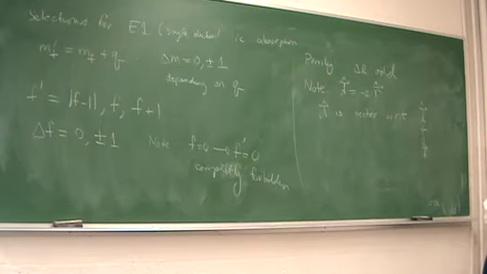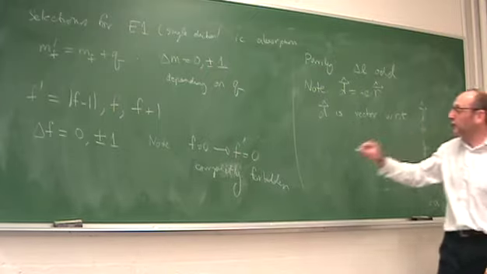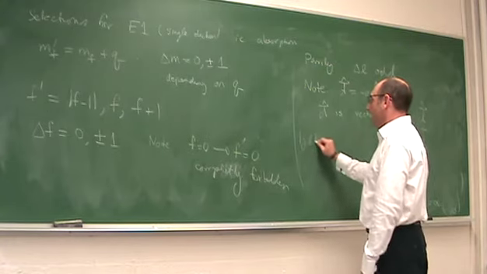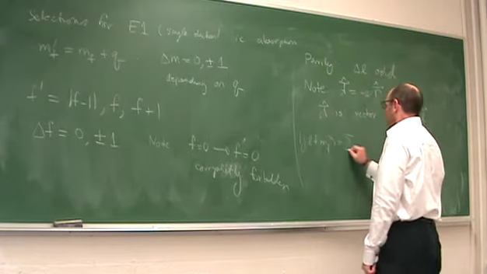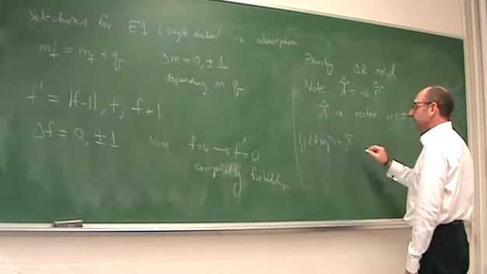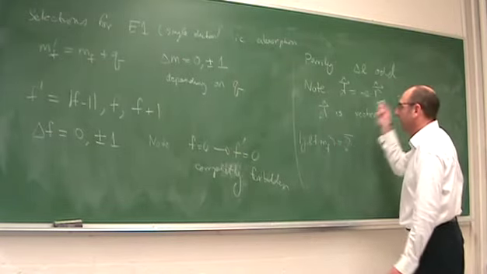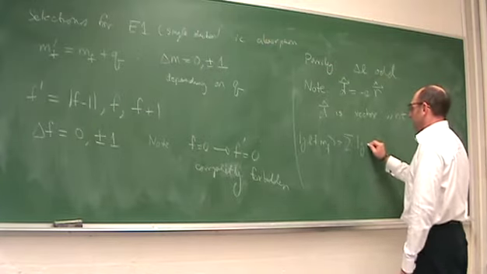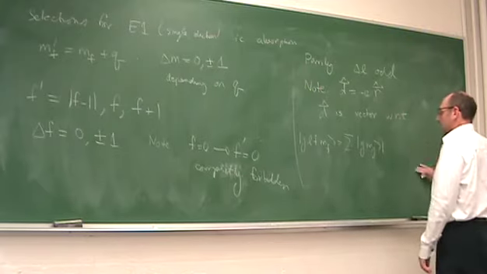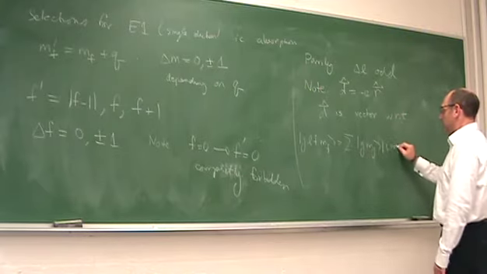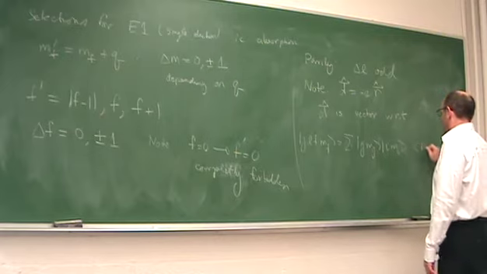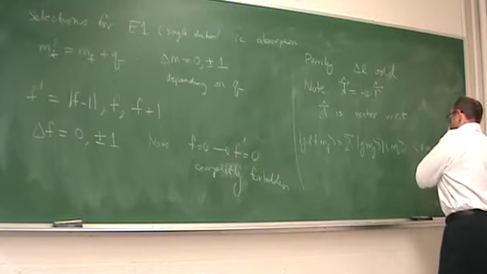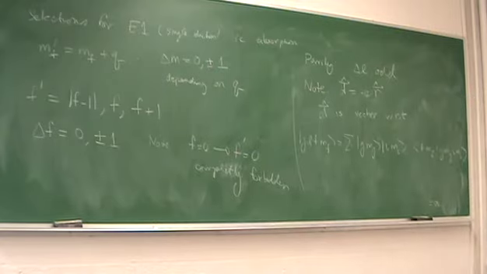But it's also a good quantum number with respect to J, which means that if I were to write my state J, L, F, M sub F, there's also an I in here, and an S, because those are fixed, I can write it in terms of the uncoupled basis.